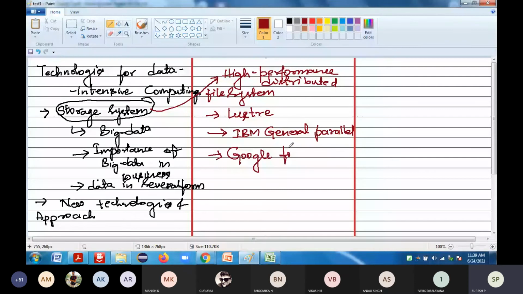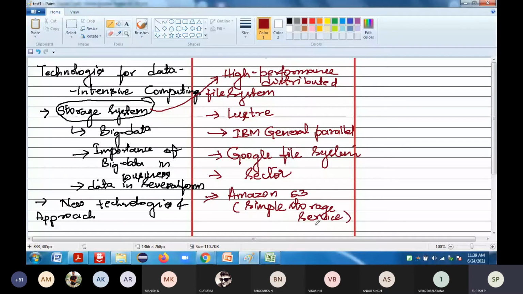Next, you are going to have Sector. The last one is Amazon S3, where S3 stands for Simple Storage Service. So this is how the data will be stored in your big data.